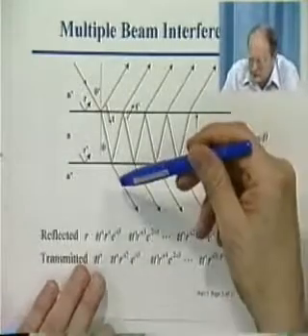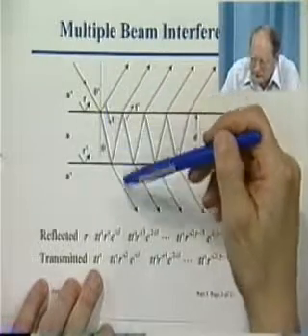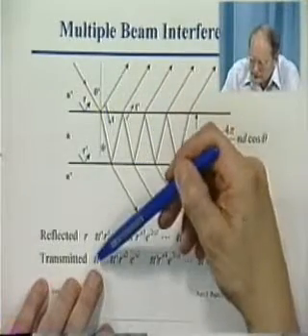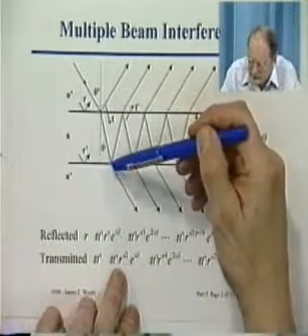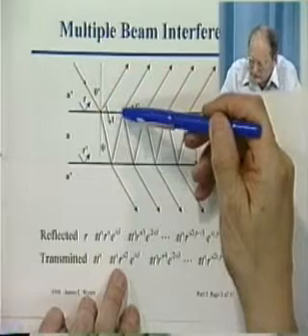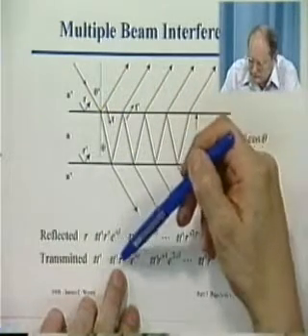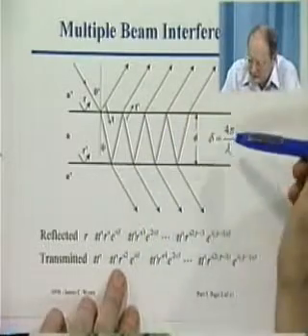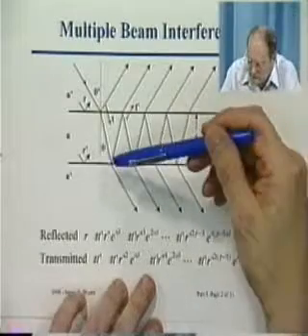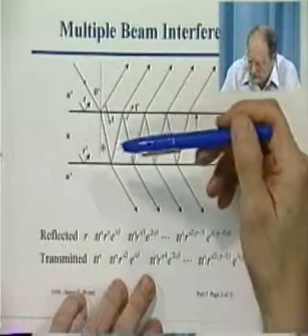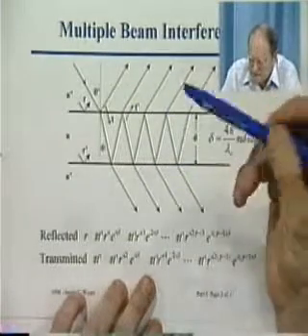Now for the transmitted beam, let's see, it goes through here. We get t through, and then t prime. So that's the first guy, t prime. Second guy will be t, r prime, t prime. So t prime, r prime squared, e to the i delta. Next guy, well, we get a t, r prime, r prime, r prime, r prime, t prime.